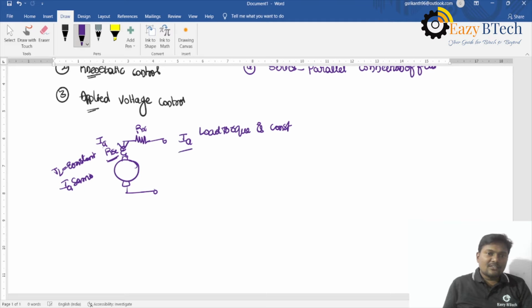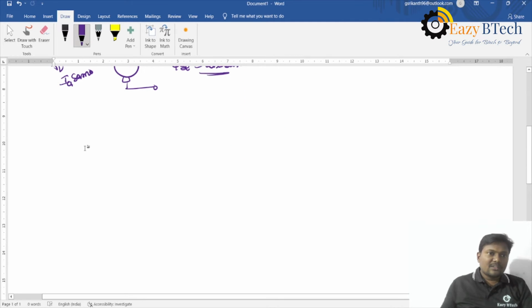If IA is constant, the current flowing through the series field winding is also constant, and the flux developed is also constant. There is no change in the current flowing through the series field winding for a particular load. So that's why we go for the field diverter control.